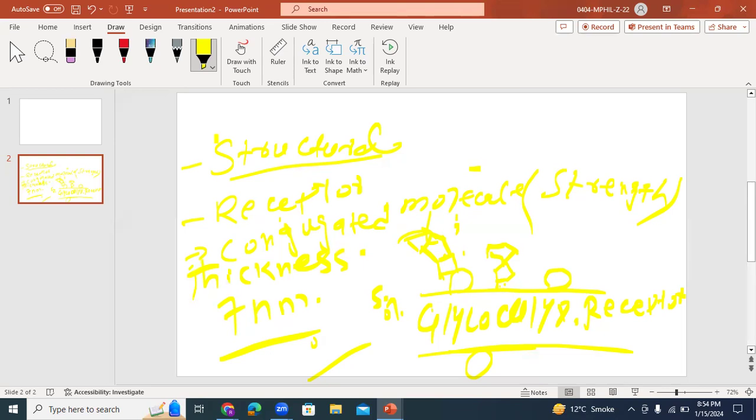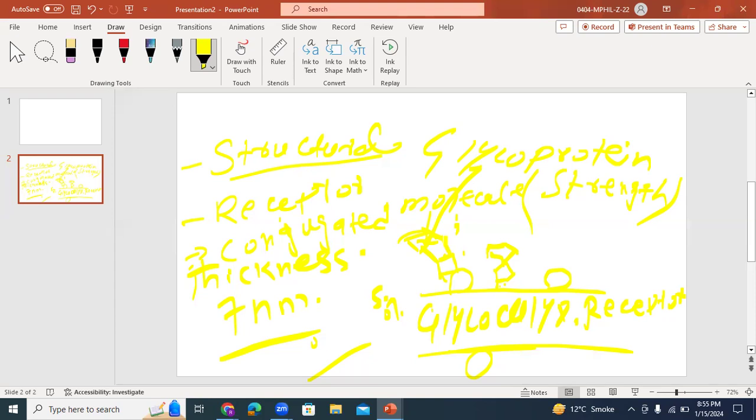For example, just like what I have shown you here, let me give the name to this structure. It is a glycoprotein. Why do we call it glycoprotein? Because it is made up of two types of molecules. One is protein and the other one is glucose, carbohydrate.